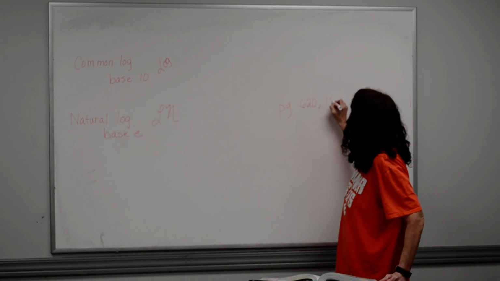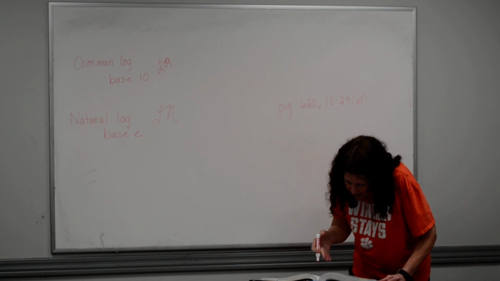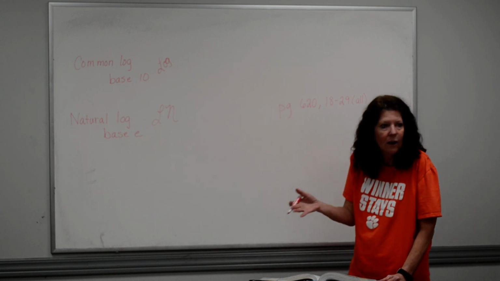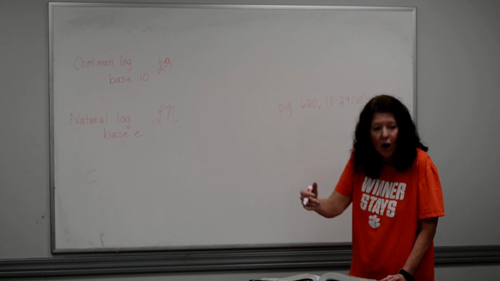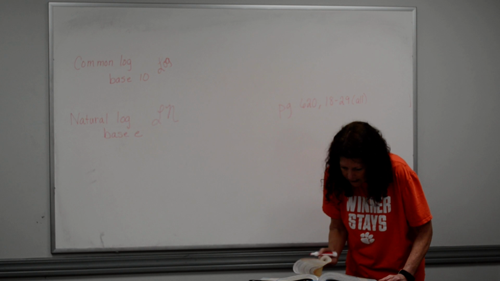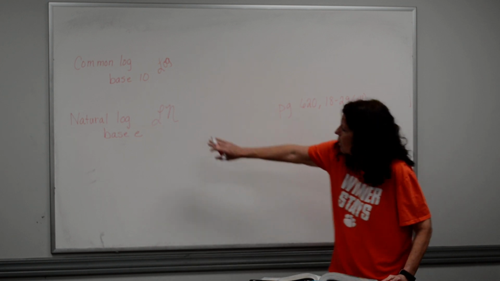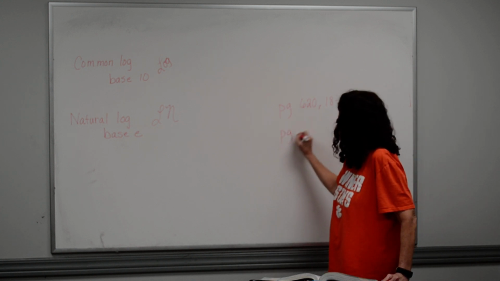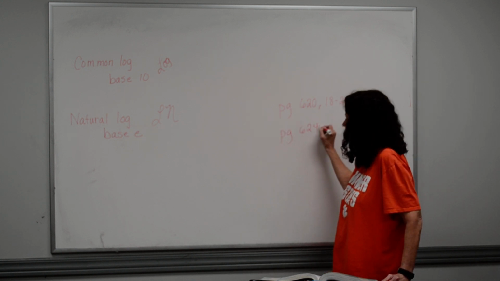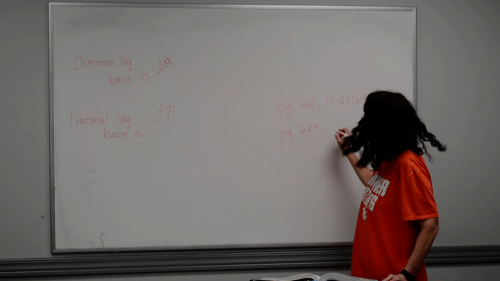Now remember, when it says find the anti-log, and then it might say state the mantissa and the characteristic, you don't have to do the mantissa and characteristic. Just do the log or the anti-log. And then this part is the natural log down here. So on page 624, I want you to do 11 through 28.